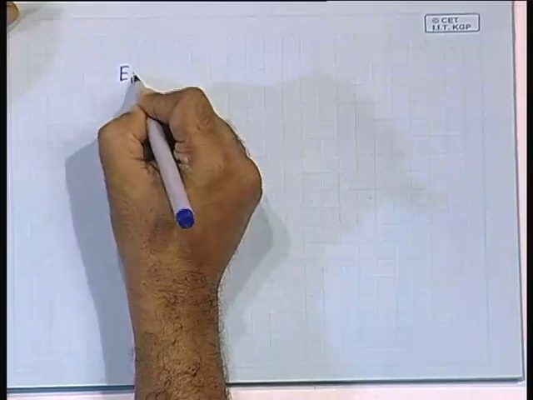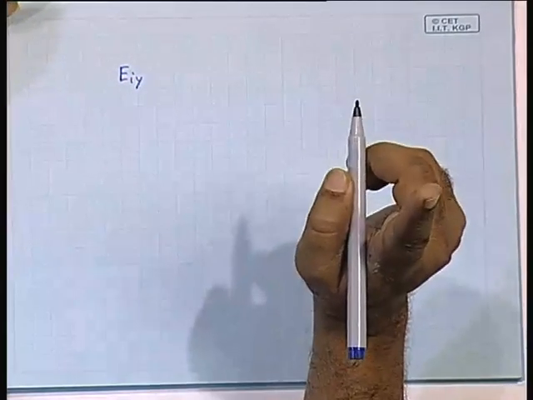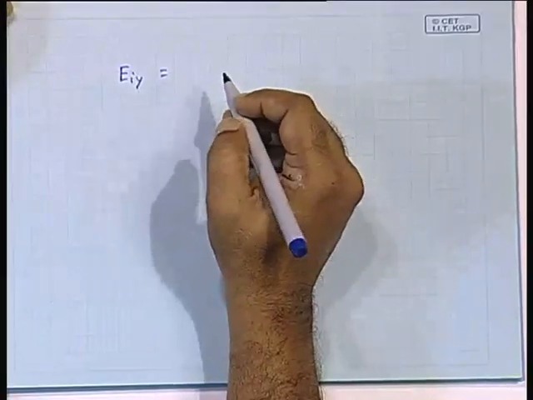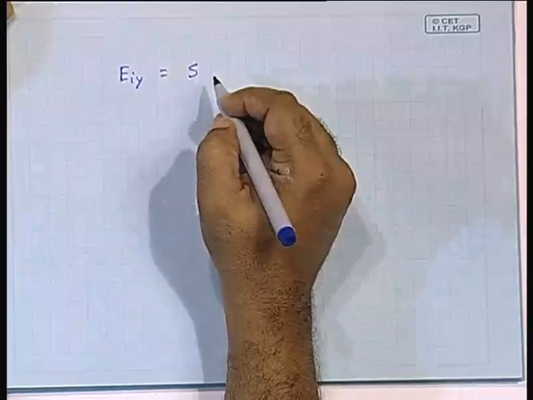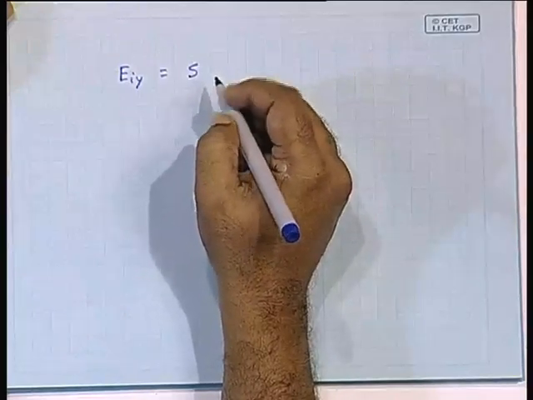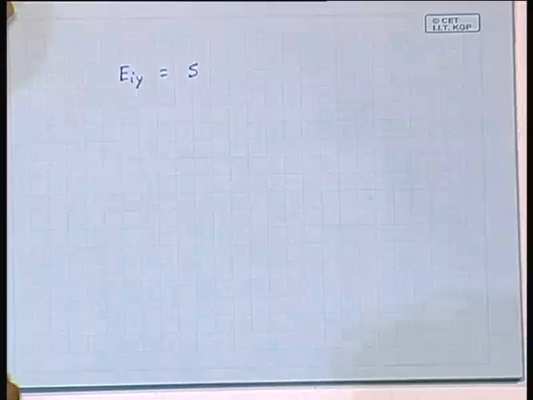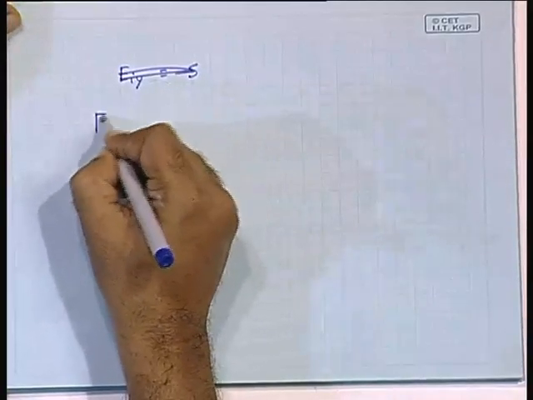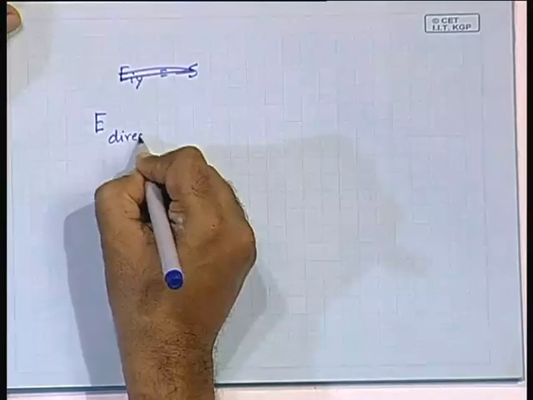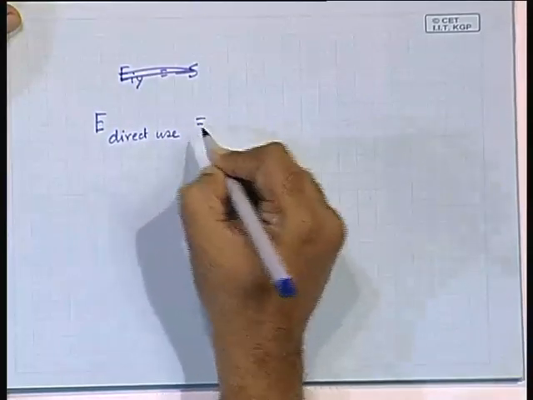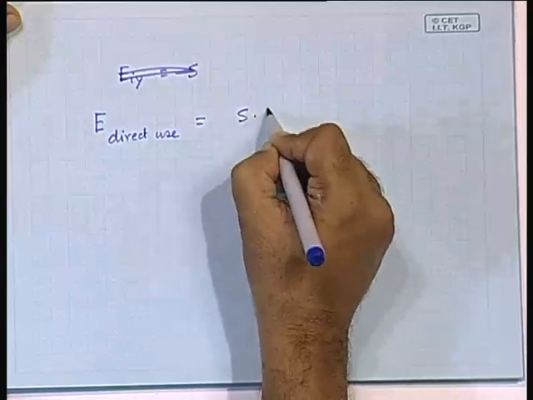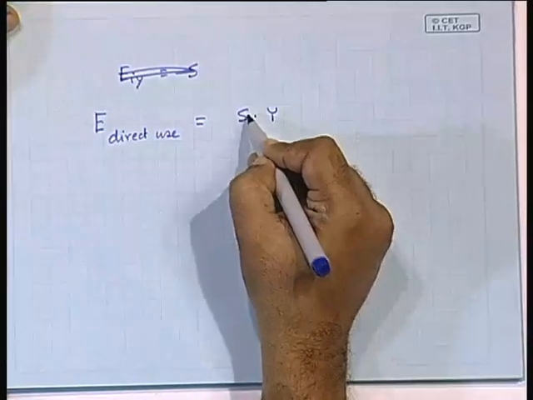Okay. So, now we are trying to do something like this. Here we have E_Iy, this component we are trying to write. We want to write E of direct use as S times y, where we are asking what this S should be.